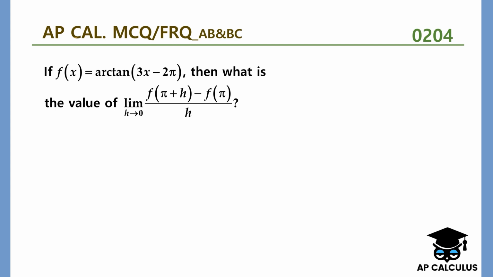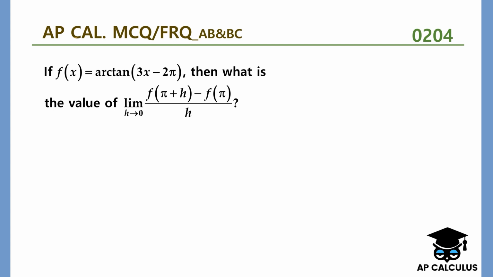Question 204. We have function f given by this. The question is, what is the value of this limit? If we look at this limit expression, that's the definition of the derivative of f. H approaches 0, the denominator is h, and this is f of a plus h minus f of a.